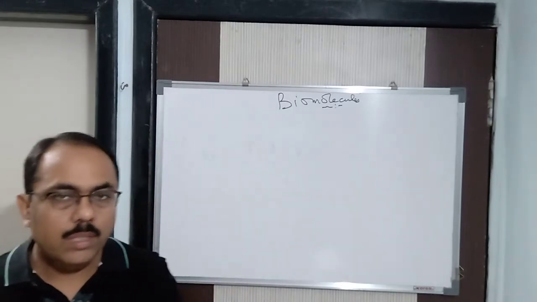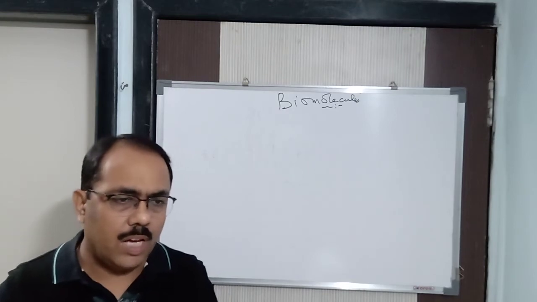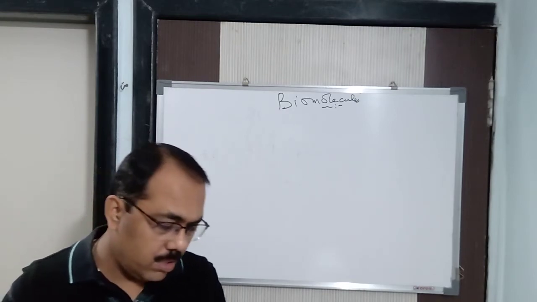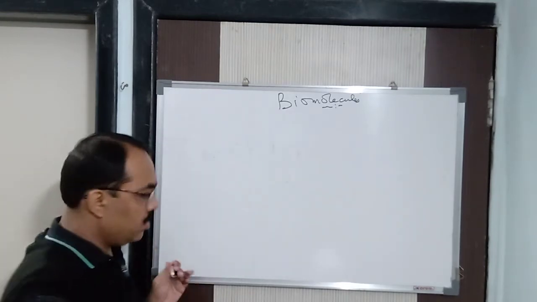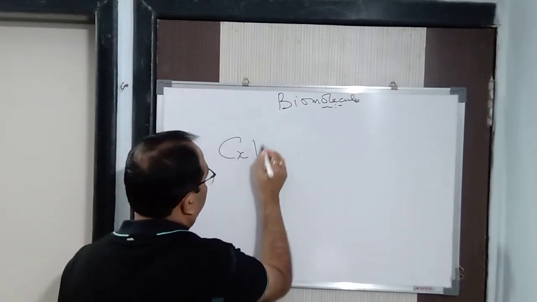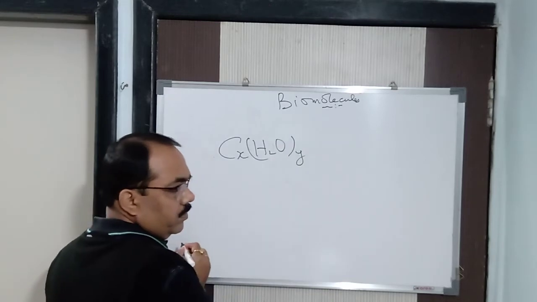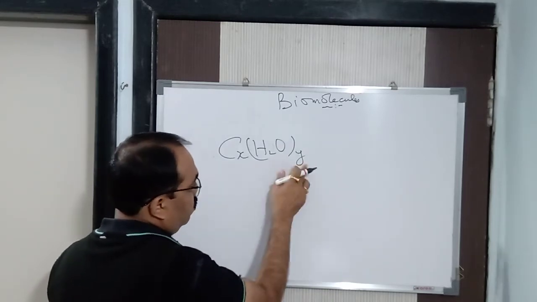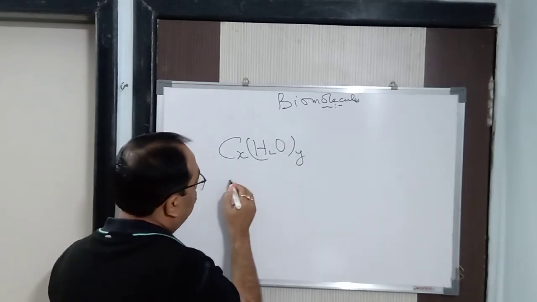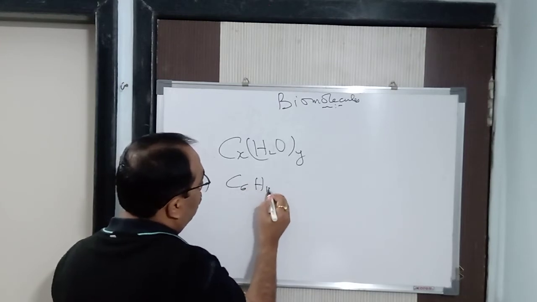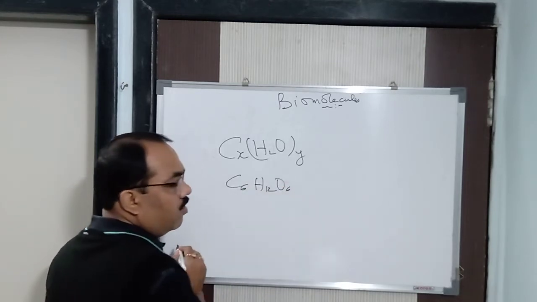If you see the formula of carbohydrates, its general formula is CxH2O whole Y. For example, C6H12O6 is the formula of glucose.